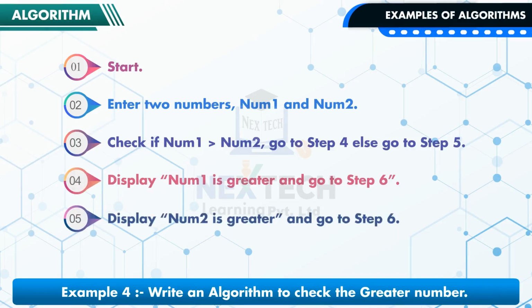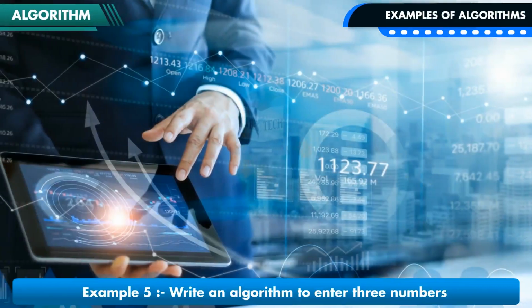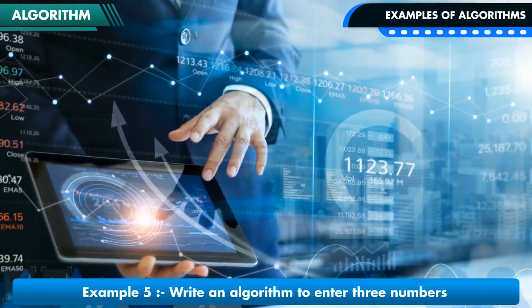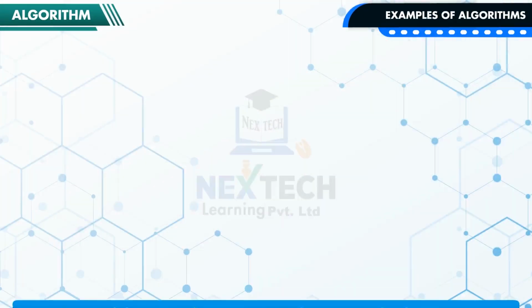Step 5. Display num2 is greater and go to Step 6. Step 6. Stop. Let us now complicate the same algorithm a little more by introducing a third number. Example 5. Write an algorithm to enter three numbers and then print the greatest number among the three.